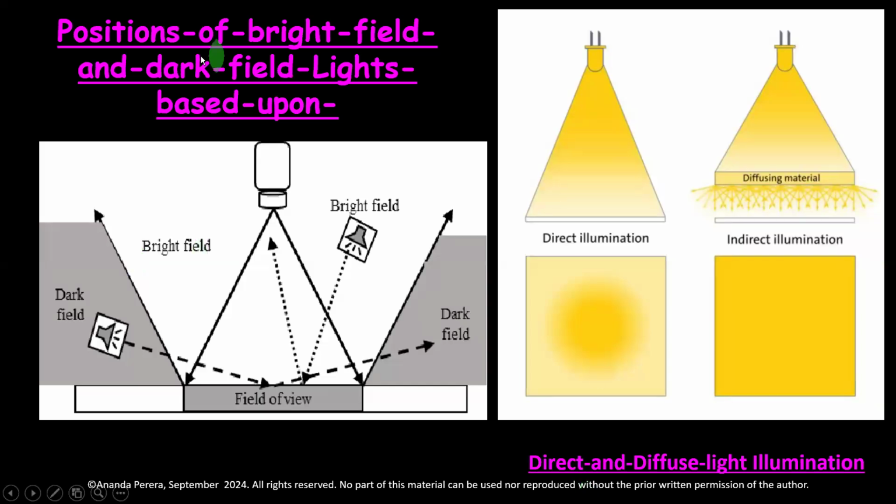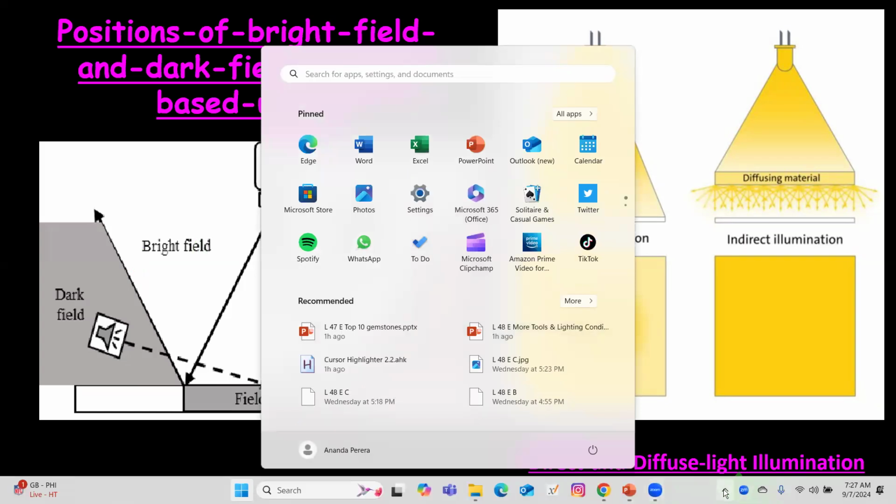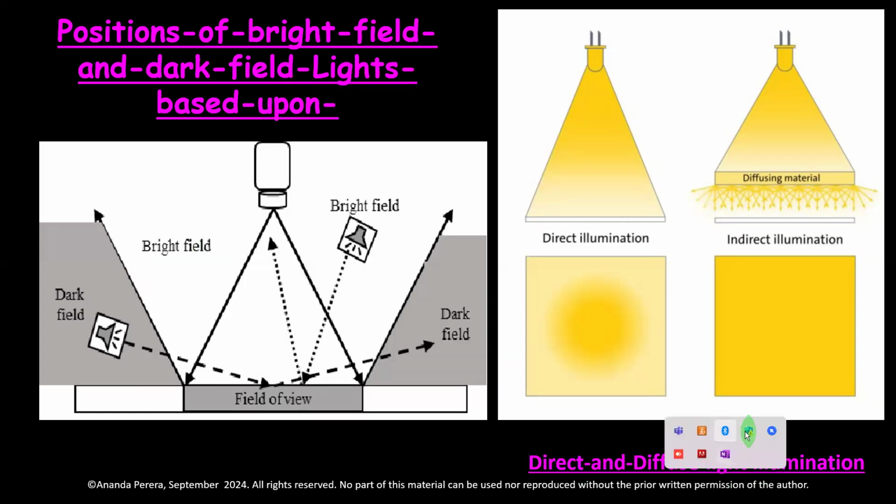Now, what is this here? Look at the difference here. Dark field and light field. See, bright field. When we watch from this side, the stone is here. When we watch from this side, through the lens or microscope, we can see the inclusions.